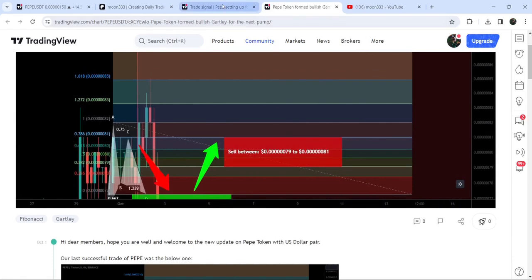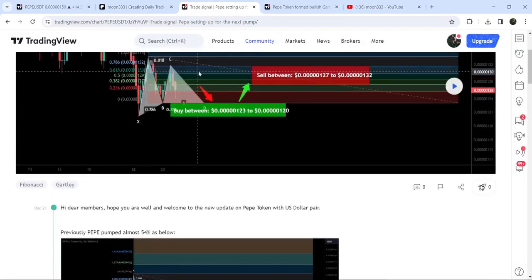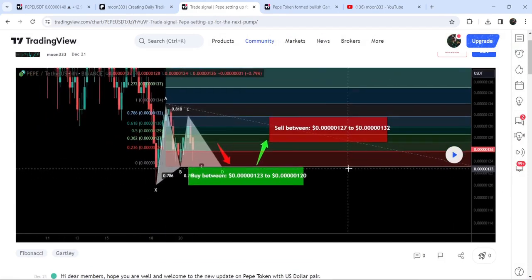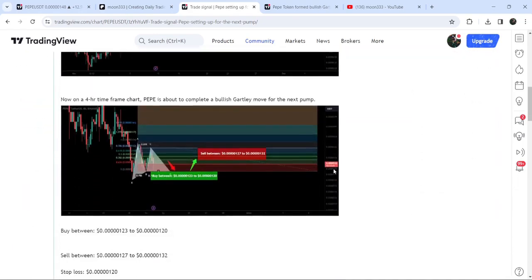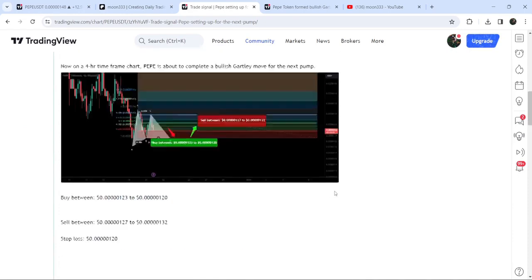Now let's move to the current trade signal, the most recent one that I shared almost 2 days ago. Here you can see that it was about to complete the final leg of a bullish Gartley pattern, and the buying zone was starting from 123 and going to 120. This was a complete trade setup: the buying zone from 123 to 120, this was the sell target zone, and this was the stop loss below 120.